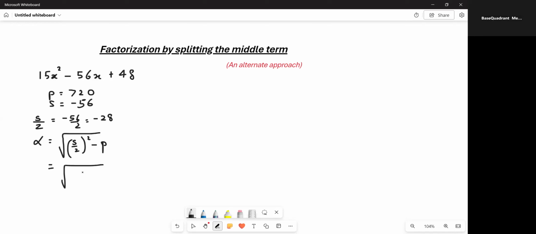That is root of minus 28 the whole square minus P. P is the product and the product is 720.